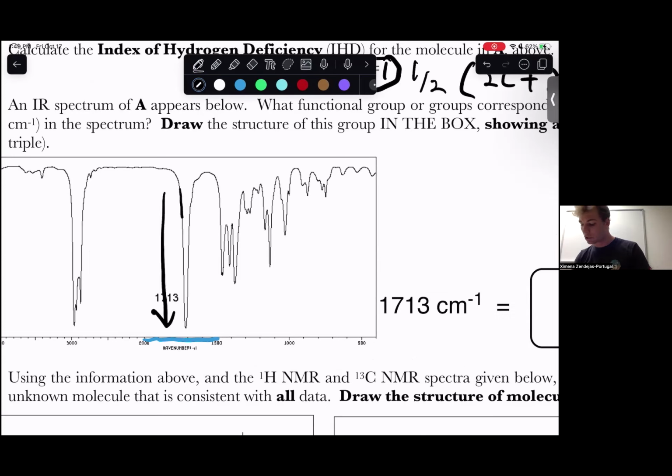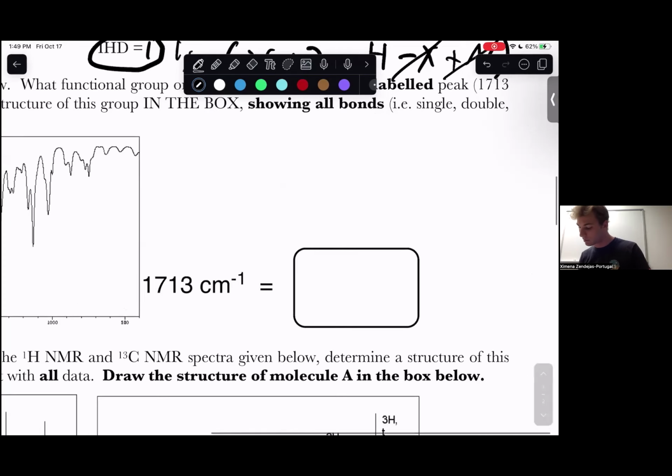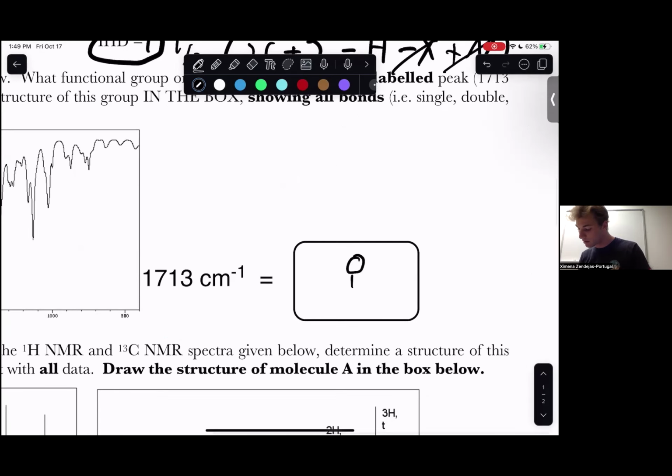If it were a little shorter, it could be something like a carbon-carbon double bond. But since this is at 1713, this is going to tell us that this is most likely an oxygen double bonded to a carbon. So it looks something like this. There's a carbon. There's the rest of the molecule.